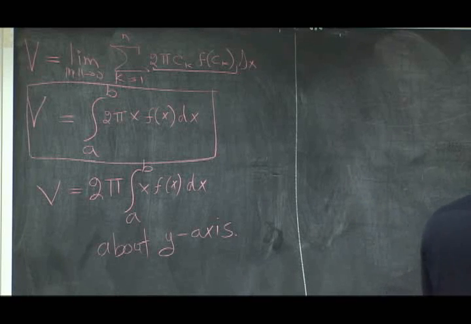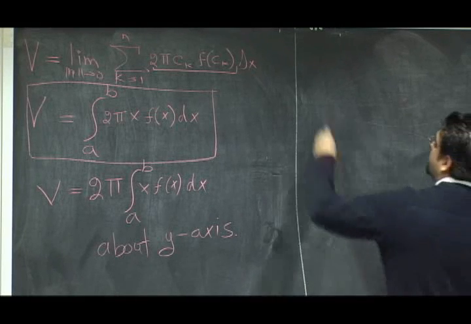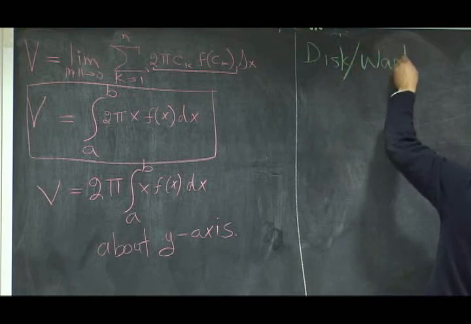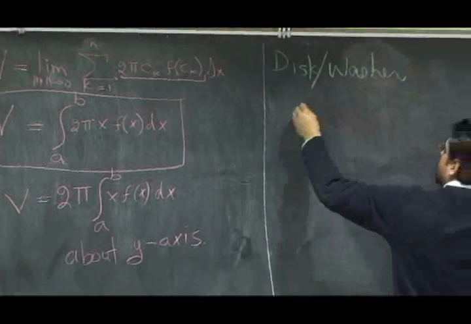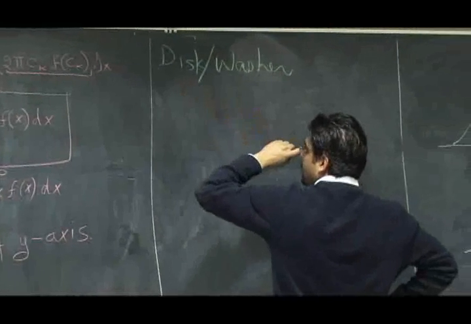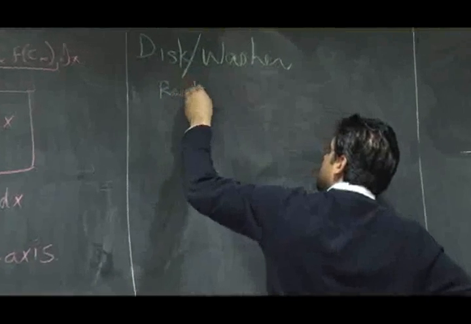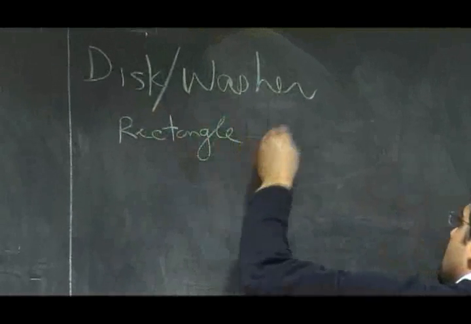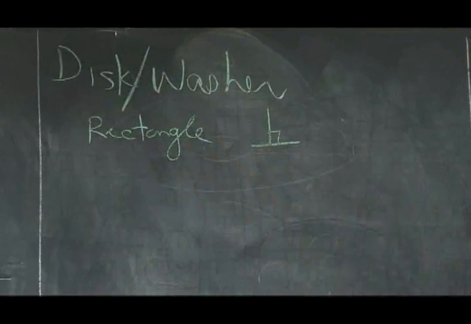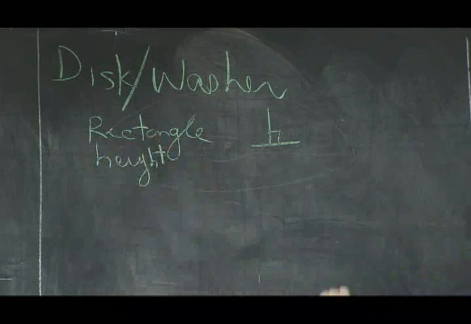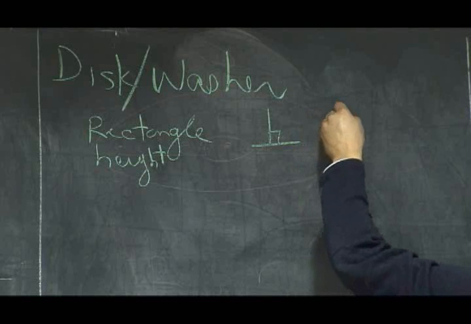So here's a good summary of what we have so far. When you want to use the washer method, the rectangles have to be perpendicular, your rectangle height, I should say, has to be perpendicular to the axis of revolution.